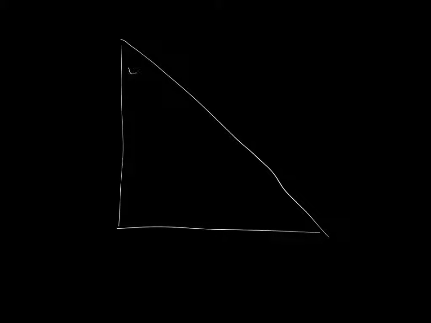Now, I'm just trying to think of the simpler ones. 45 degrees, let's say. That means two sides are identical. And the long side, the hypotenuse, obviously is longer than the other two sides. So I'm going to call these sides 1. And then if you count 1 to 2, right? Except the hypotenuse is going to be radical 2.